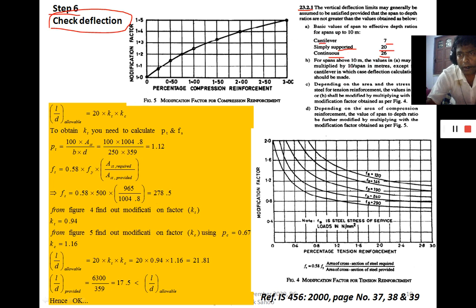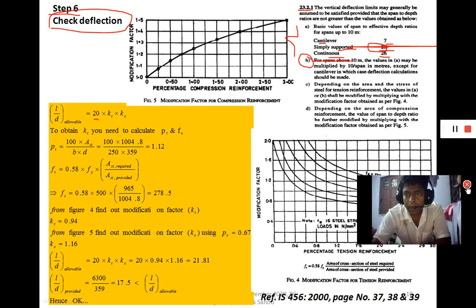For more than 10 meter, a different provision is given. In this problem the span is less than 10 meter, so we use this provision. This beam is simply supported, so the allowable value is 20.